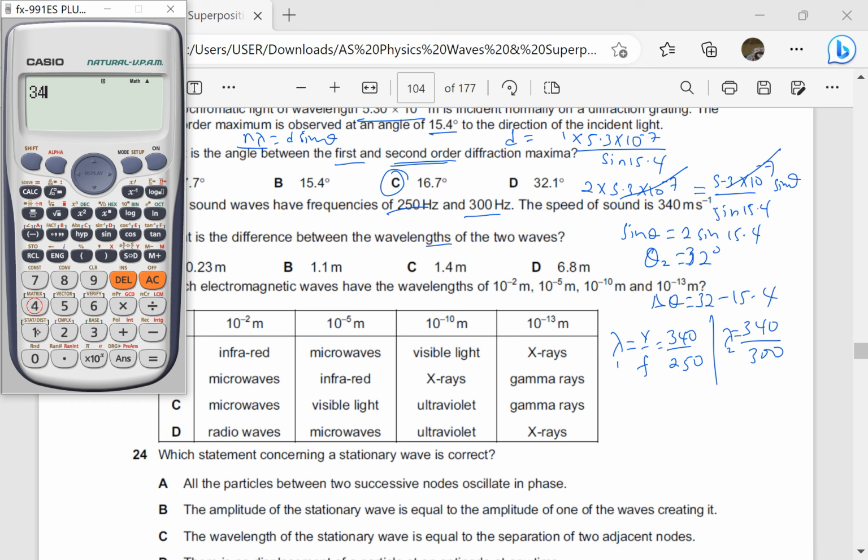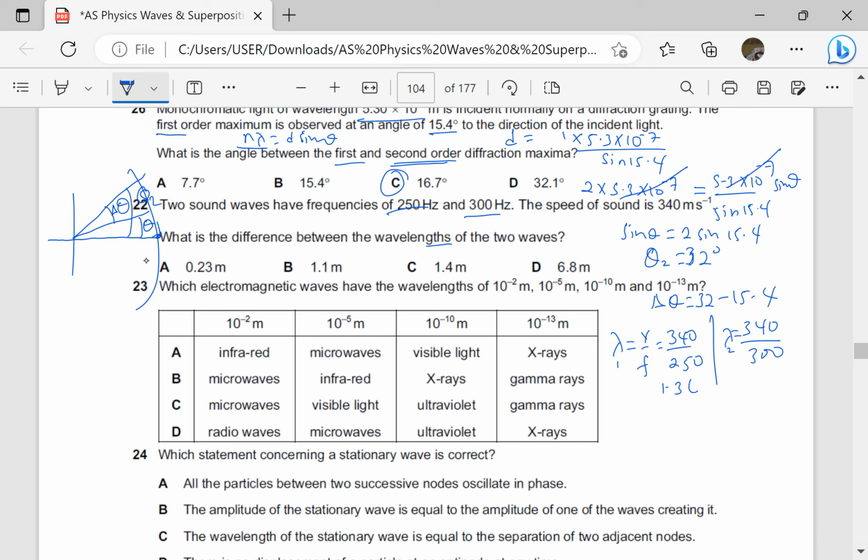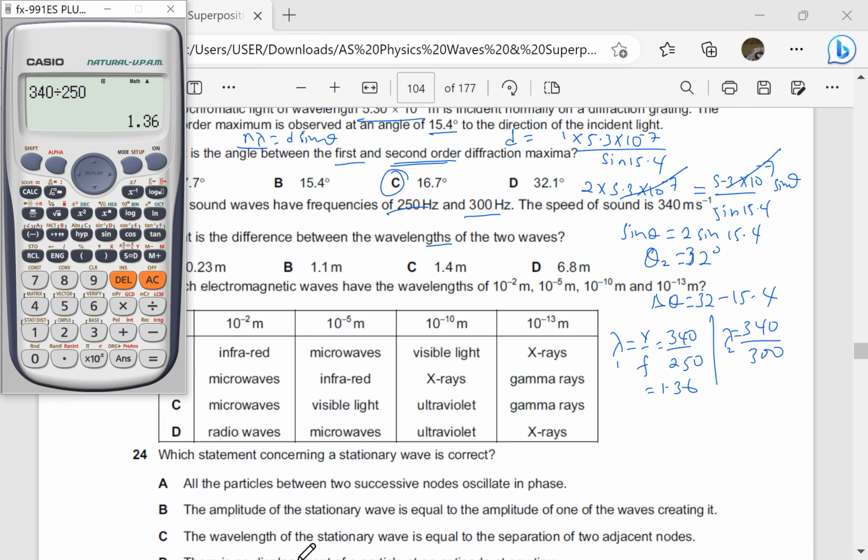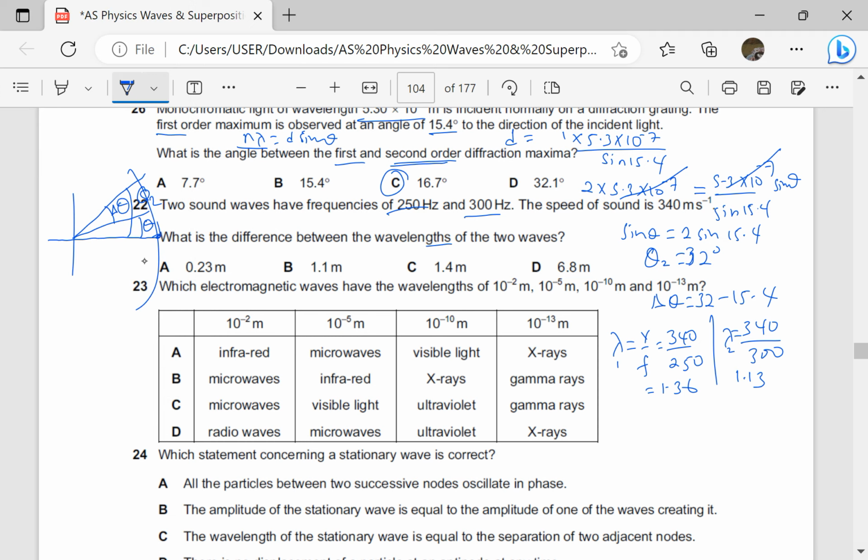So 340 divided by 250, that is 1.36. The second one is 340 divided by 300. That's 1.13 recurring. So we find a difference.